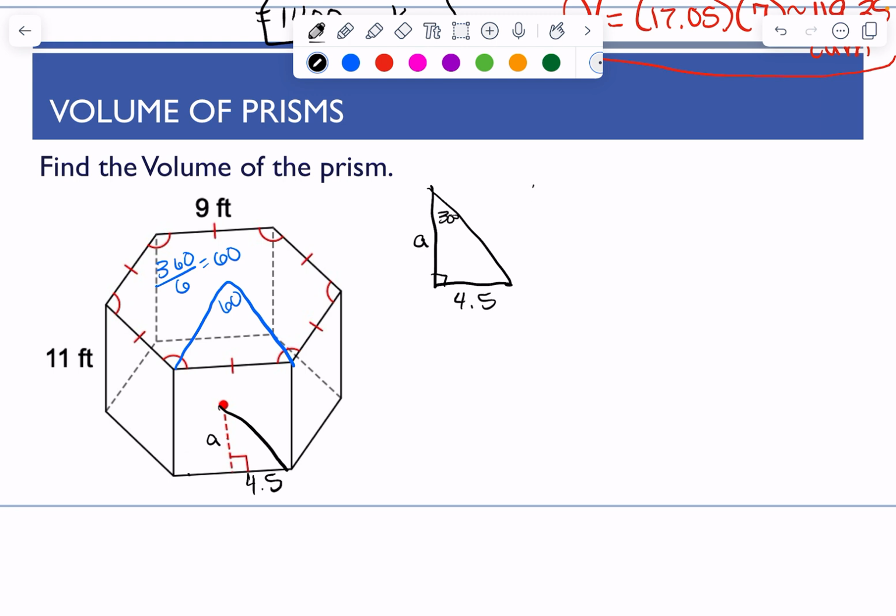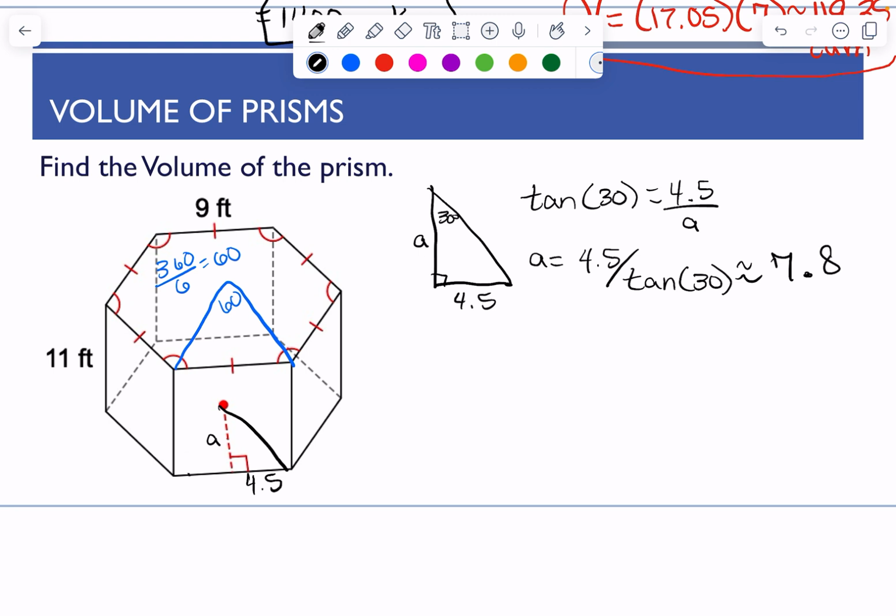That's a tangent relationship. So tangent of 30 is equal to 4.5 over the apothem. Multiply and then divide. So that's going to give me 4.5 divided by the tangent of 30, and that's going to give me 7.8 is what we're going to go with, and that will be my apothem.